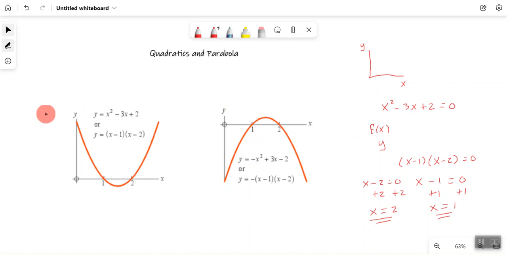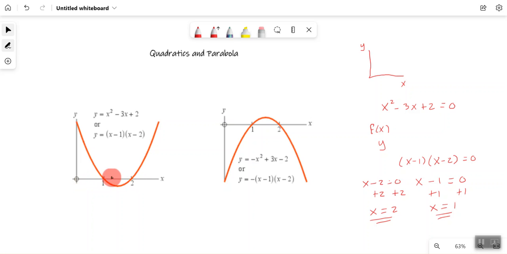Another way to think about it is we can see here that on the parabola, where this parabola cuts the x-axis at these two points, these are the roots that we've worked out here. Another way to think about it is, when the value of y is equal to 0, what's the value for x?